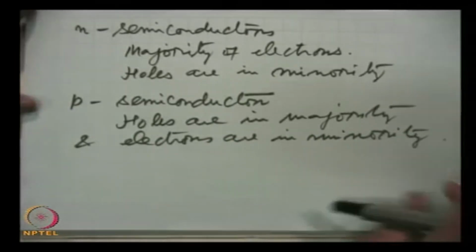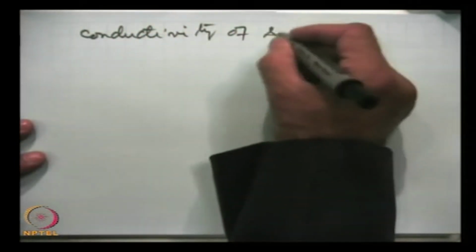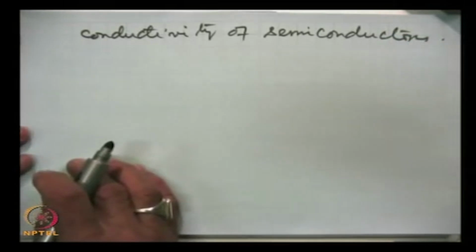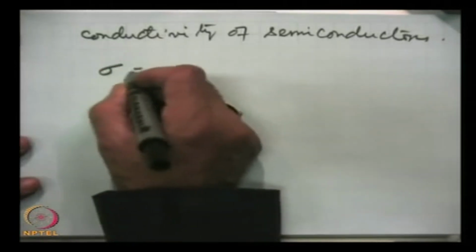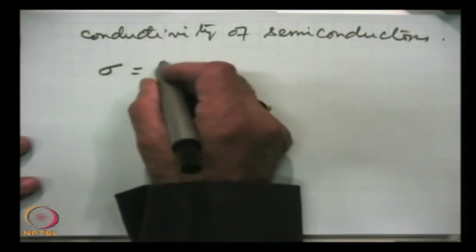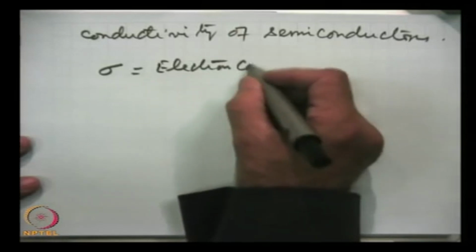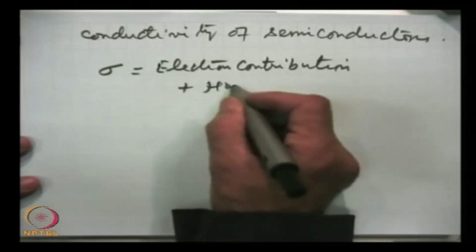Now, we can talk about the conductivity of semiconductors. Conductivity of semiconductor in general can be written as the electron contribution plus hole contribution.